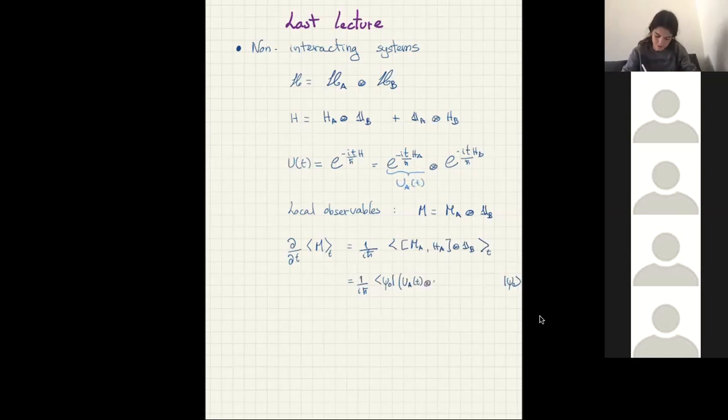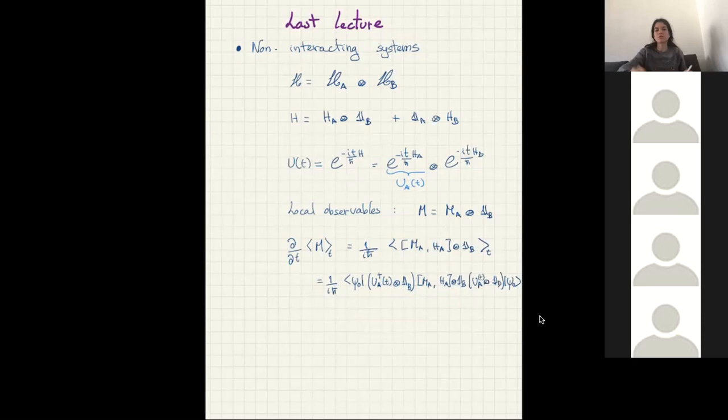And it may as well have done nothing to system B. And there's a dagger there.